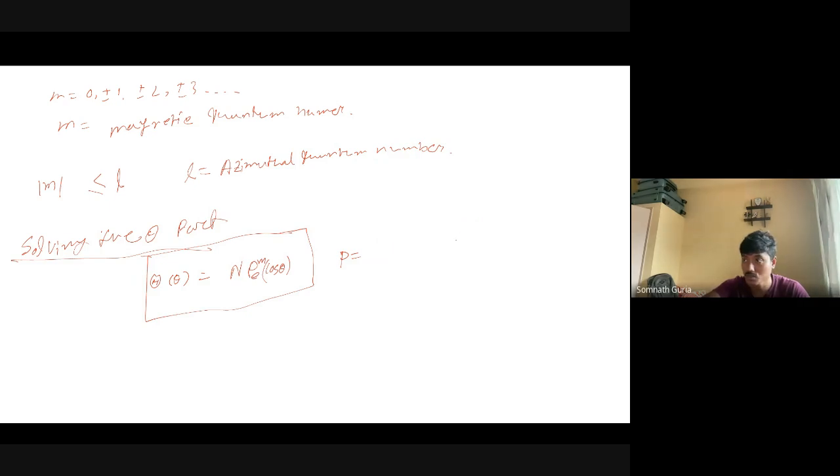This P is equal to the polynomial P_l of cos theta, with 1 over 2 to the power l, l factorial, times 1 minus cos square theta to the power m by 2.